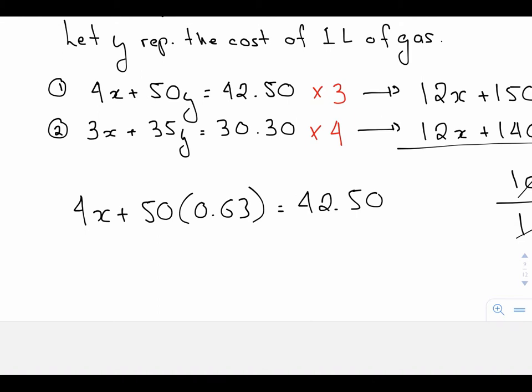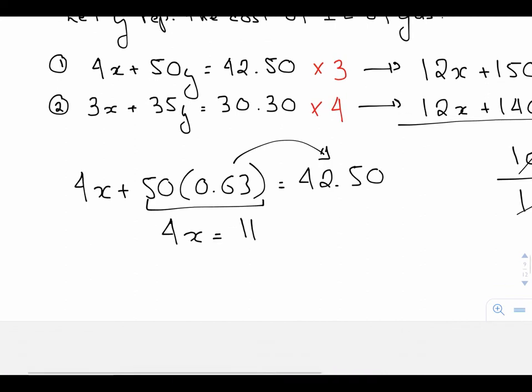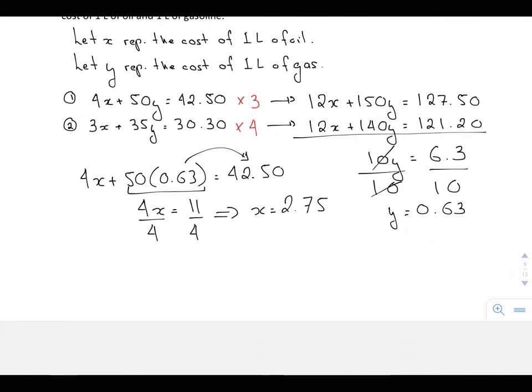If I go ahead and solve, I end up with 4x equals 11. Again, I'm doing this multiplication, bringing it to the other side. I'm going to divide both sides by 4. And this leaves me with $2.75. So x is 2.75.